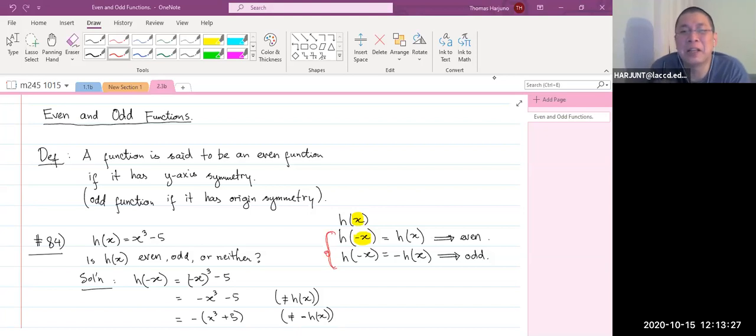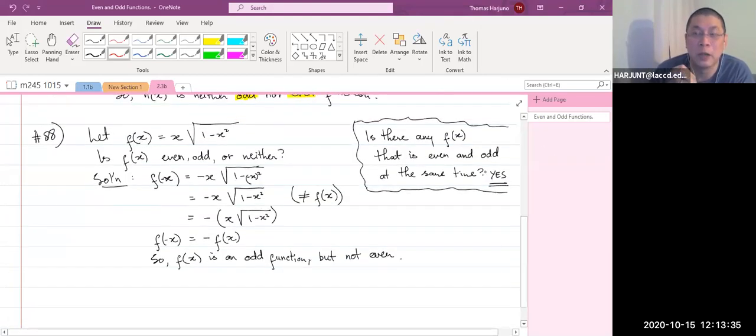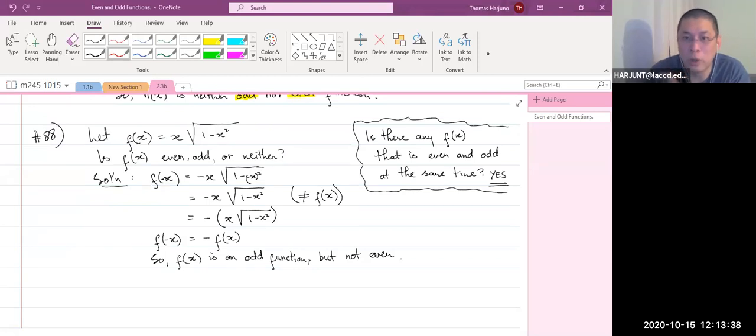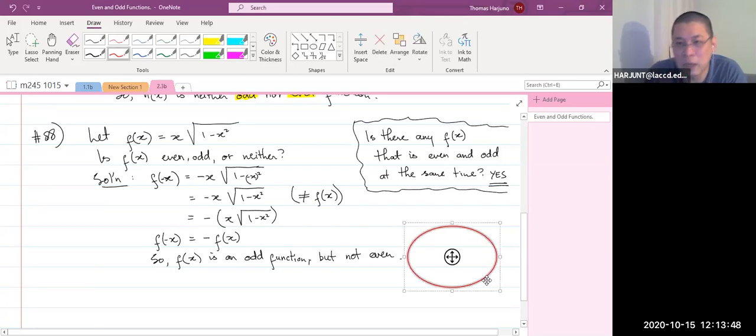Now, the problem starts with the fact that the circle is not even a function. But there are actually a lot of equations that have all symmetry, not only the circle. An ellipse also has all symmetry.